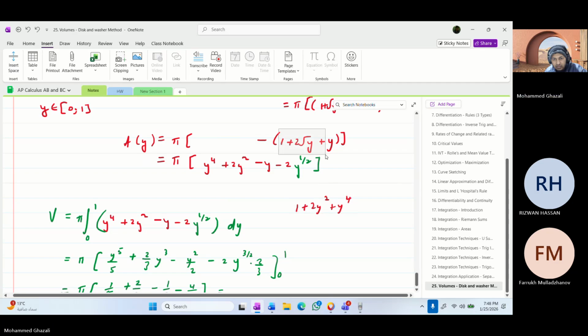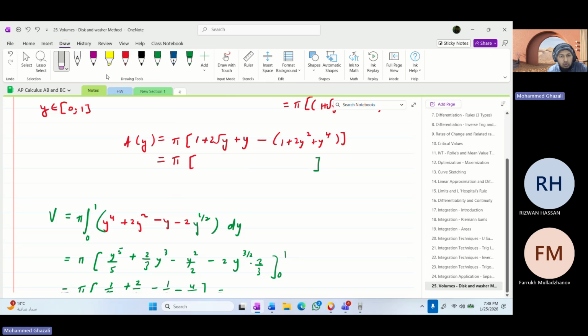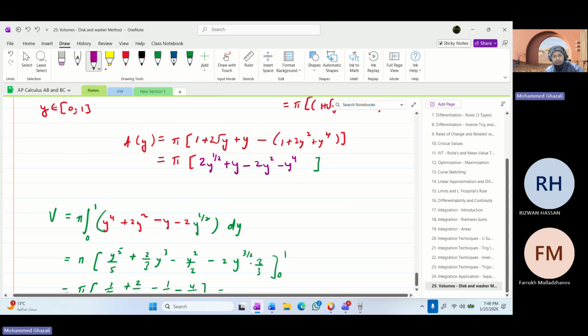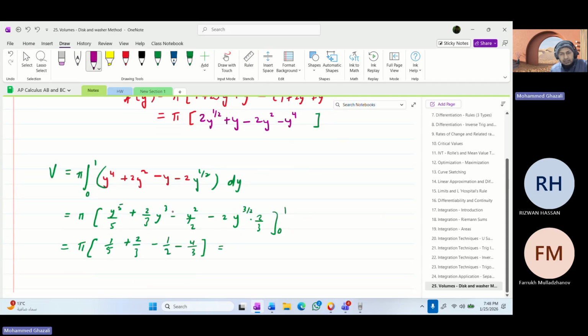So this part here goes first. And obviously only this function here will change now. So 1 and 1 still cancel out. You've got 2y to the power half plus y minus 2y squared minus y to the power 4. So only these things changed. All the negatives became positives.